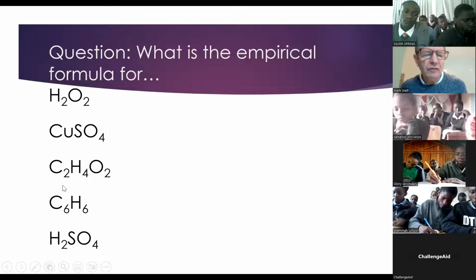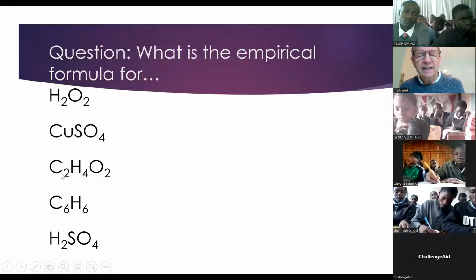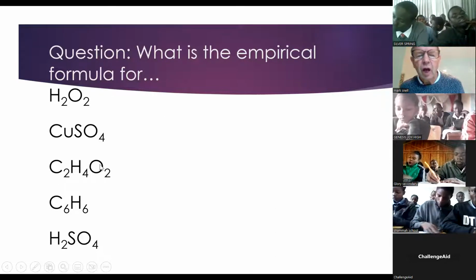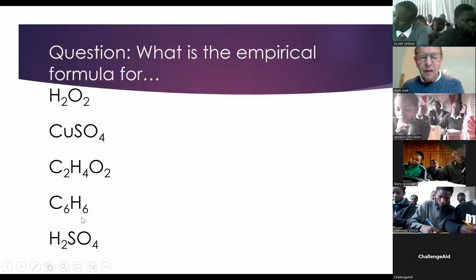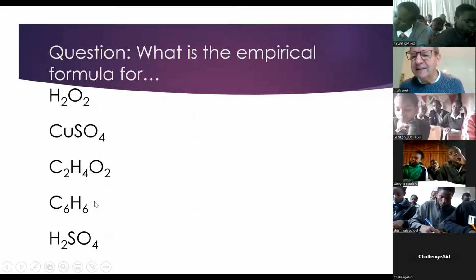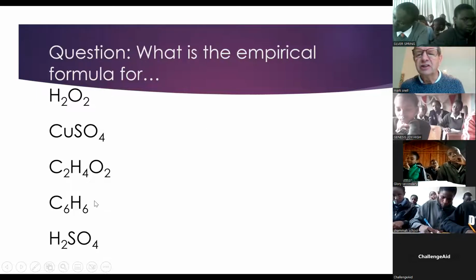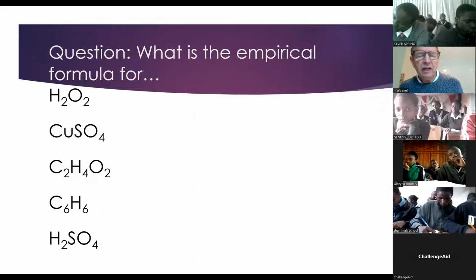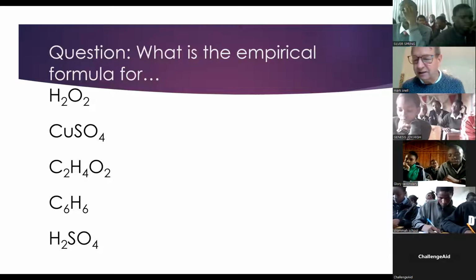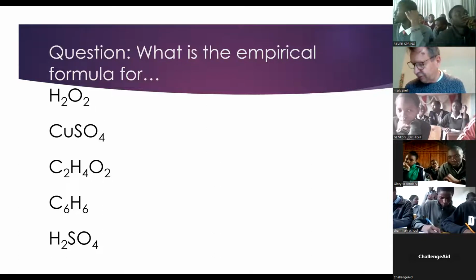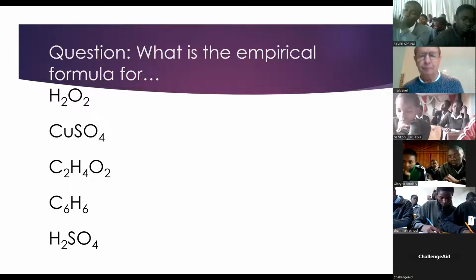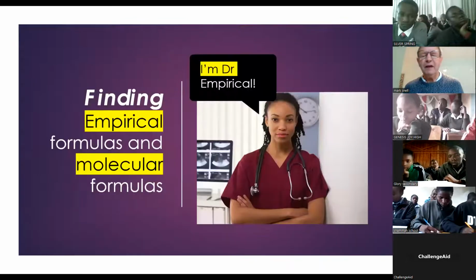The next one, if we divide it by 2, we get CH2O. The next one we can divide by 6 and it becomes just CH. The last one, it looks like we might be able to divide by 2 until you realize that it has S singly and therefore it is H2SO4. We cannot simplify H2SO4. Okay, next page.